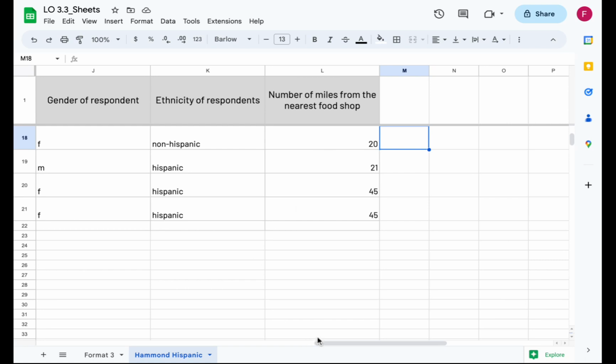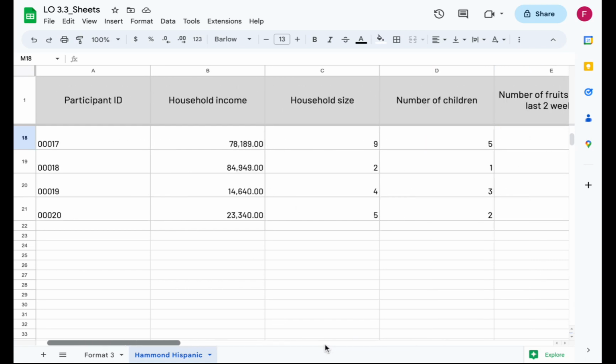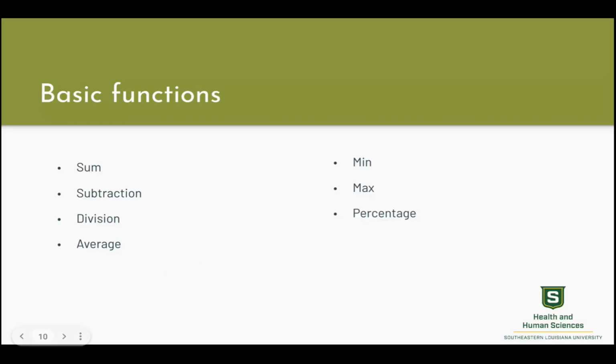So I'm not going to do that. Just a quick one to explain. Those functions that I'm going to do now, they are all functions that have to do with numerical values. So I'm not going to do a summation on something like gender, because it's not a number.